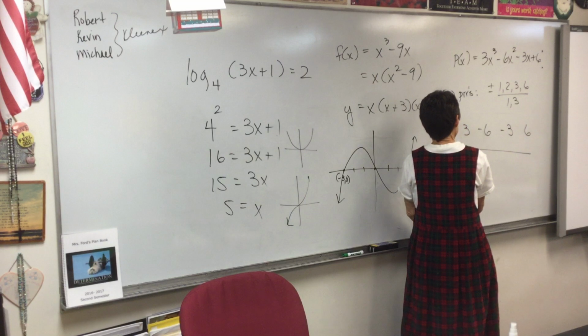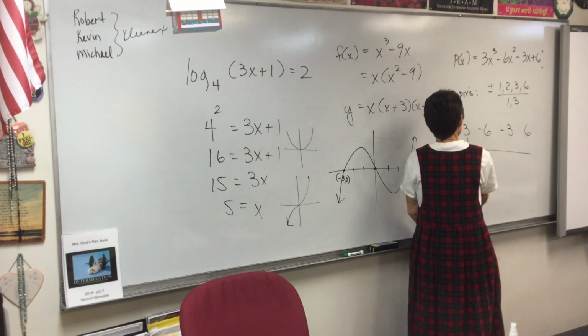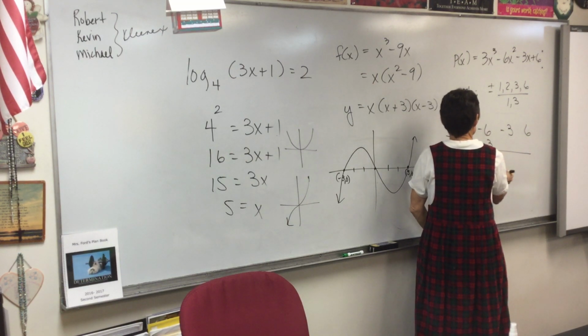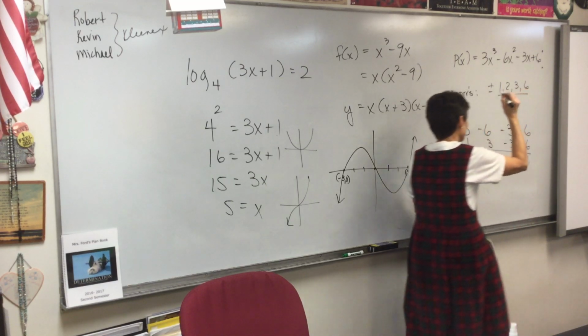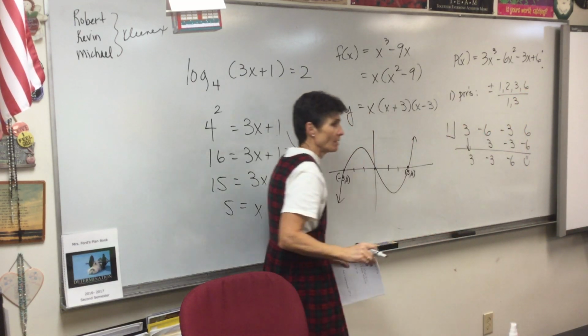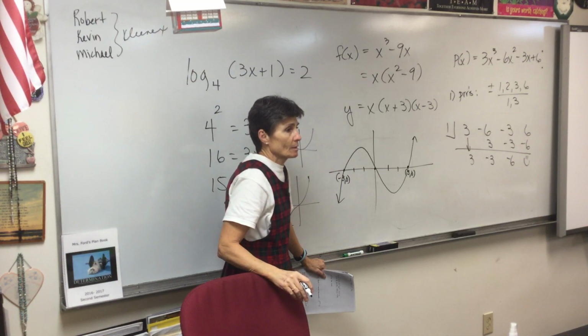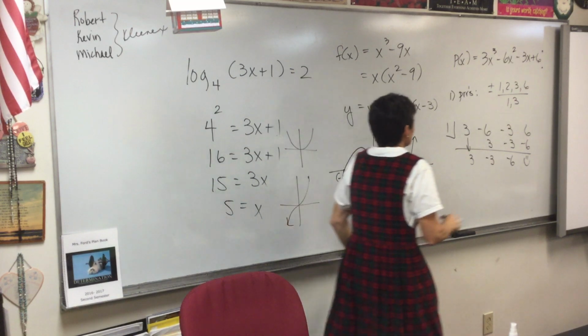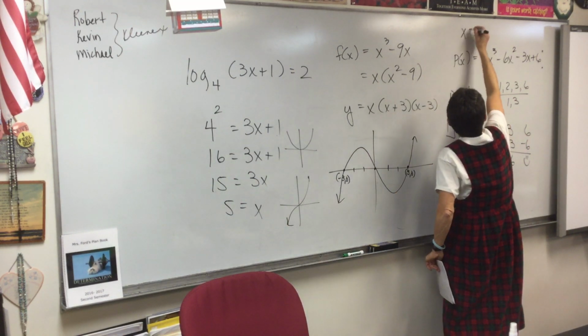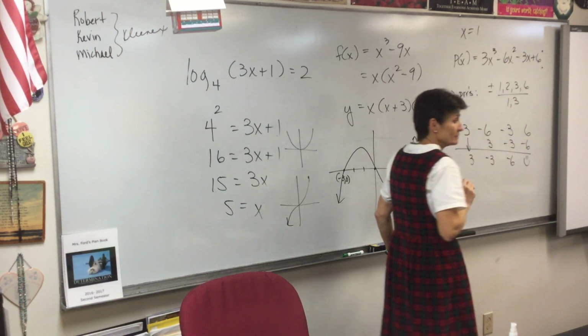What am I hoping happens? 0. I'm hoping I get 0. Woohoo! Looky there. We get a 0. What does that mean? It means one of my answers is 1.